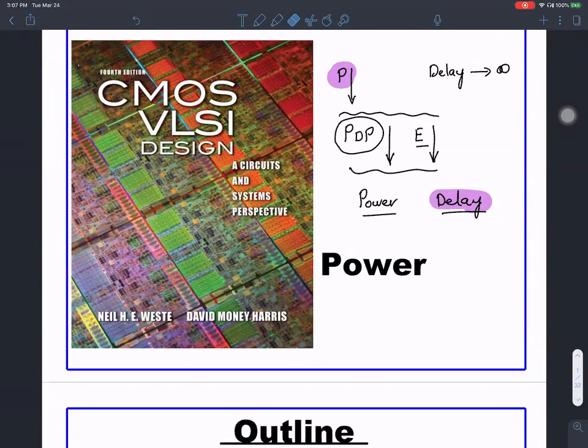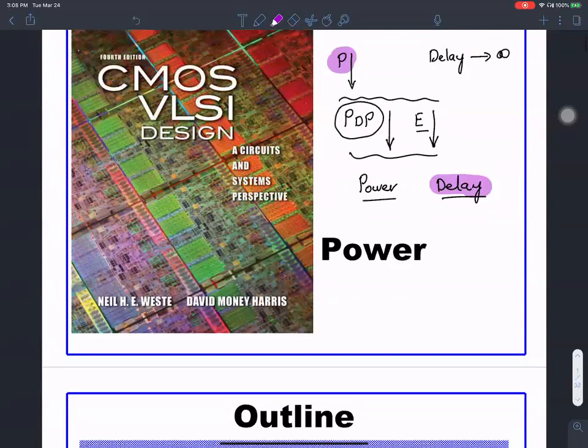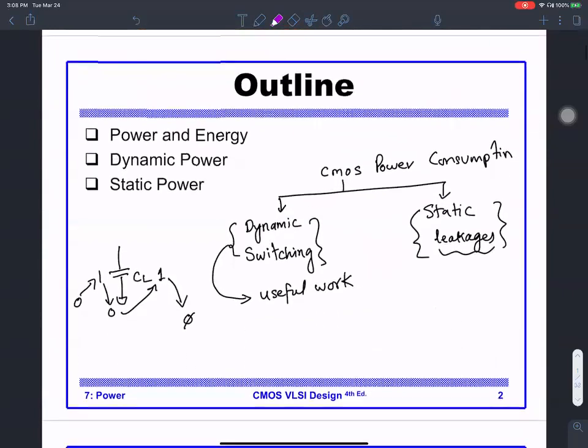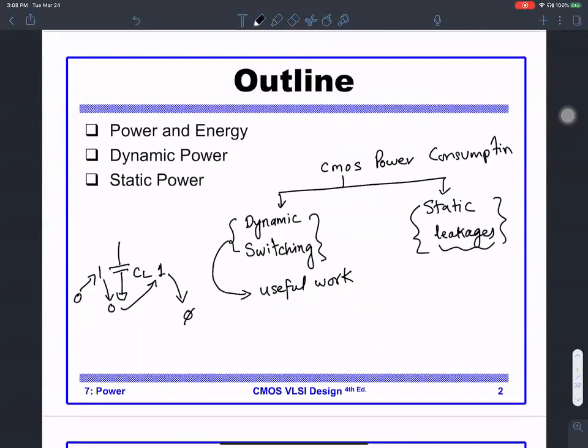Instead, we want to optimize the power delay product, or the energy consumption product factor. That way, we are not optimizing one at the expense of the other. I also mentioned we quickly looked at the power consumption issues.